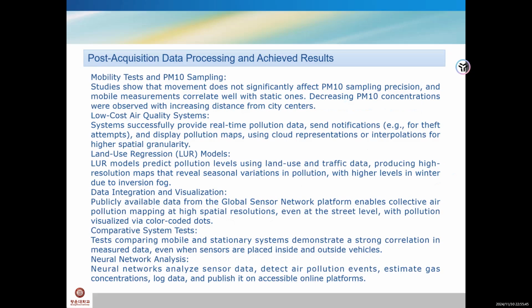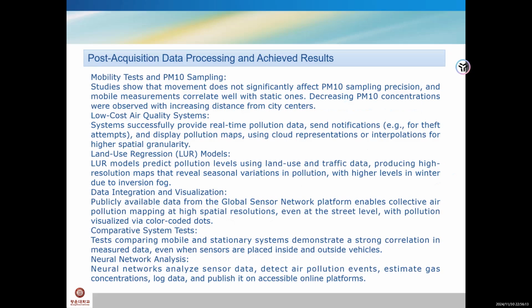Low-cost air quality systems. Systems successfully provide real-time pollution data, send notifications, and display pollution maps, using cloud representations or interpolations for higher spatial granularity. Land use regression models.